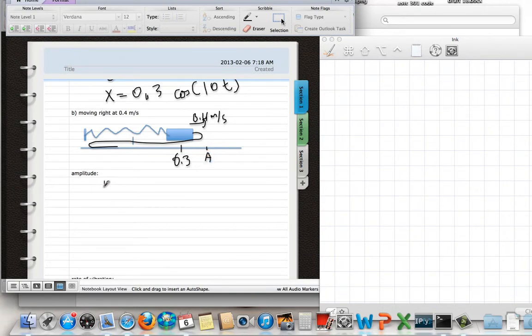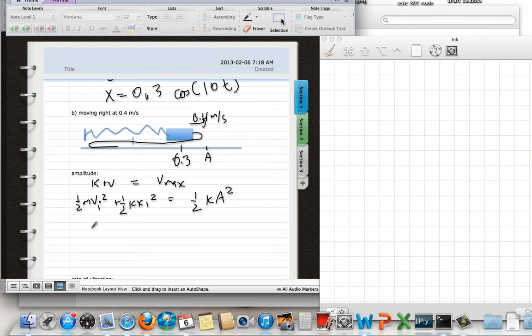So initially there's some kinetic and potential energy because the spring's stretched and it's moving. Up here at the end it will stop momentarily, so there will be no more kinetic energy. You'll have a maximum potential energy at the end. So we set up our energy conservation equation. It basically says 1/2 m v initial squared plus 1/2 k x initial squared equals 1/2 k A squared, where A is the amplitude.